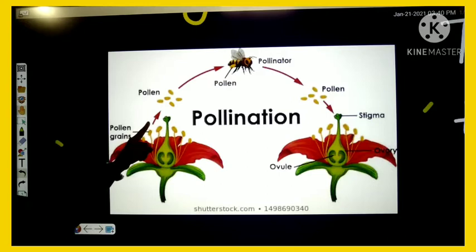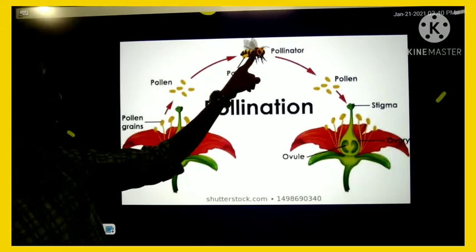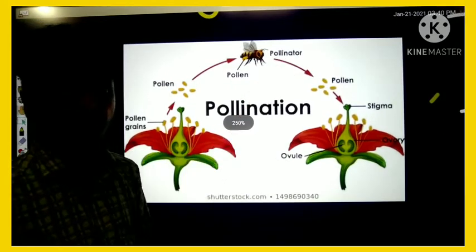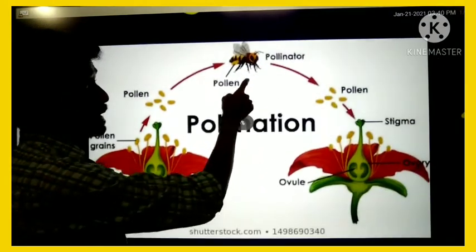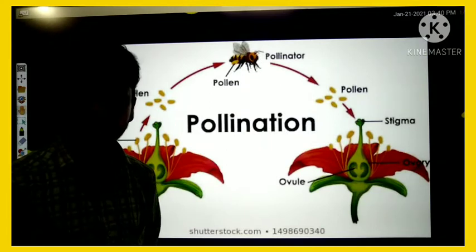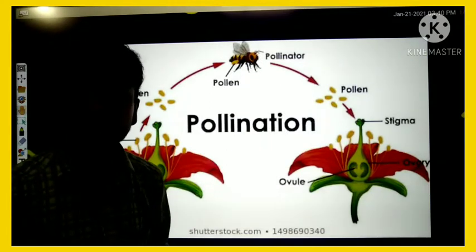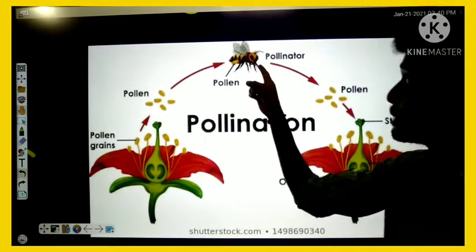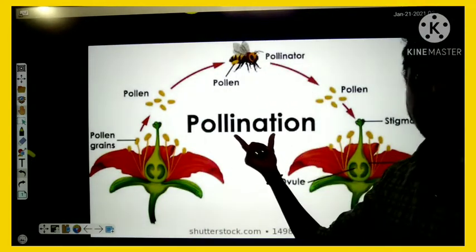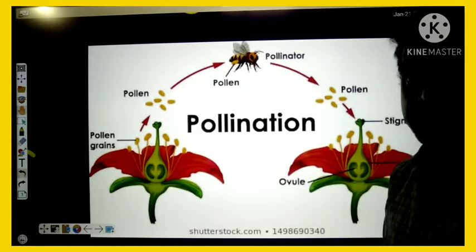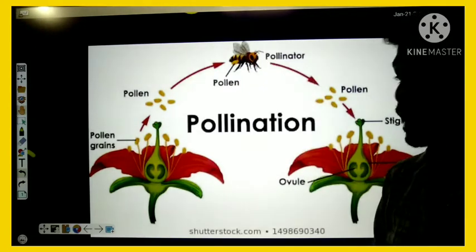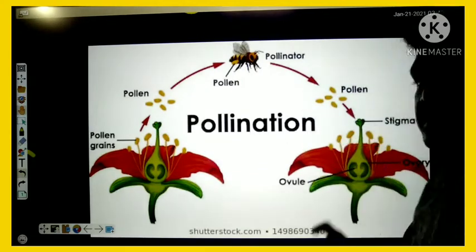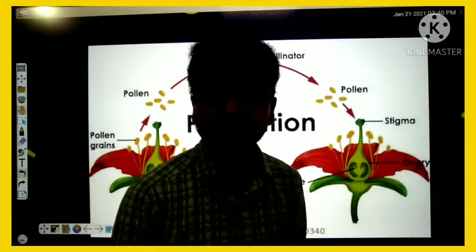The pollen grains transfer to the stigma by pollinators. Butterflies, honeybees, such factors are called pollinators because they are doing pollination. So with the help of pollinators, pollination will happen. Pollinators help to transfer the pollen grain from stamen to stigma. That is called pollination.